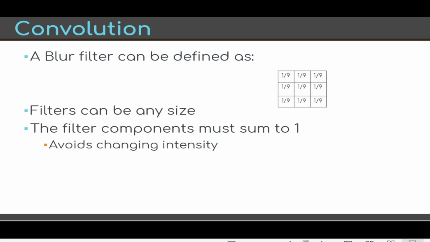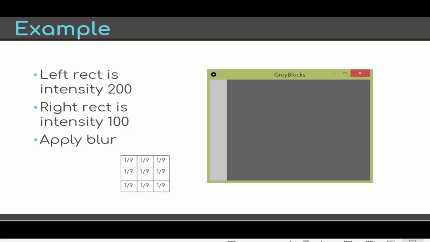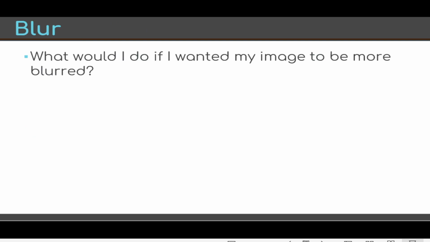But you can see how this would just obfuscate the information of a pixel. It just blends it with everything around it. So what would you do if you wanted the image to be more blurred? Any ideas? Any intuition on if you wanted the picture to be more blurred than our 1/9 kernel?